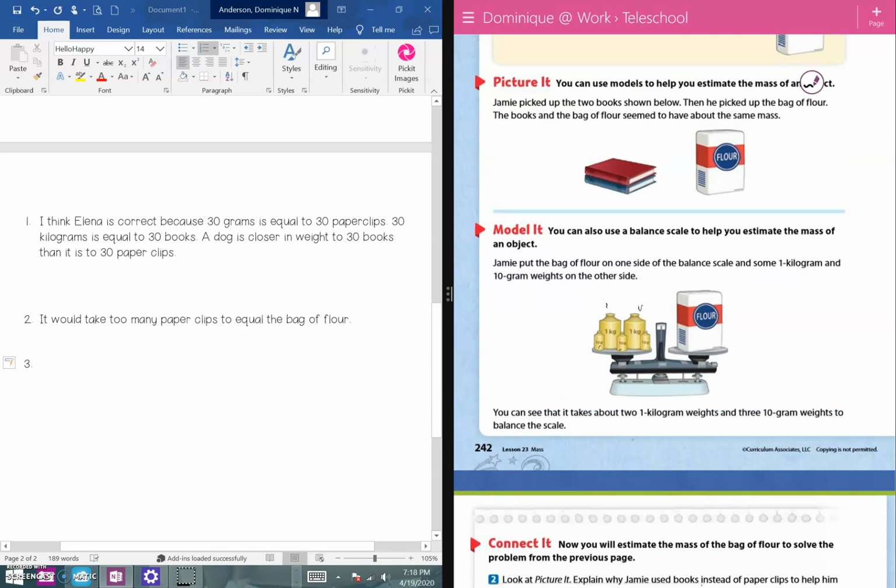So if 1 book equals 1 kilogram, that means this book also equals 1 kilogram, which means altogether, if we add up the mass of both books, it's going to give us 2 kilograms. Which means the flour, if these 2 books have the same weight as the bag of flour, that means the flour also weighs what? 2 kilograms. Good job.